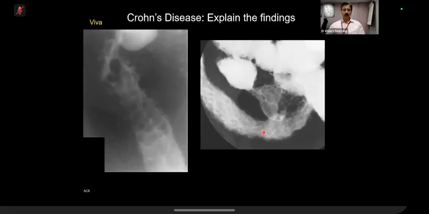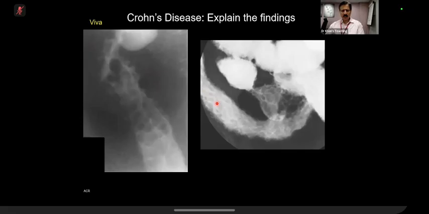What do you call this appearance? So this appearance is called edematous mounds of tissue. So this is called cobblestone appearance. Right. Okay. So thank you, candidate 8, and next is candidate 10.